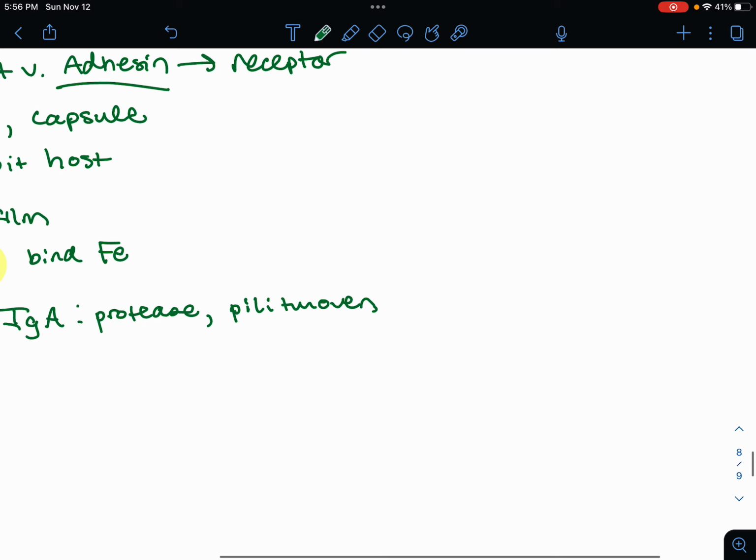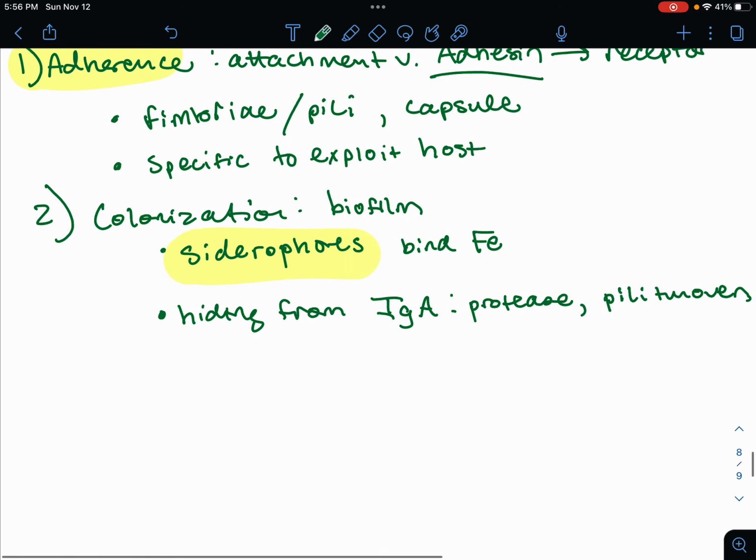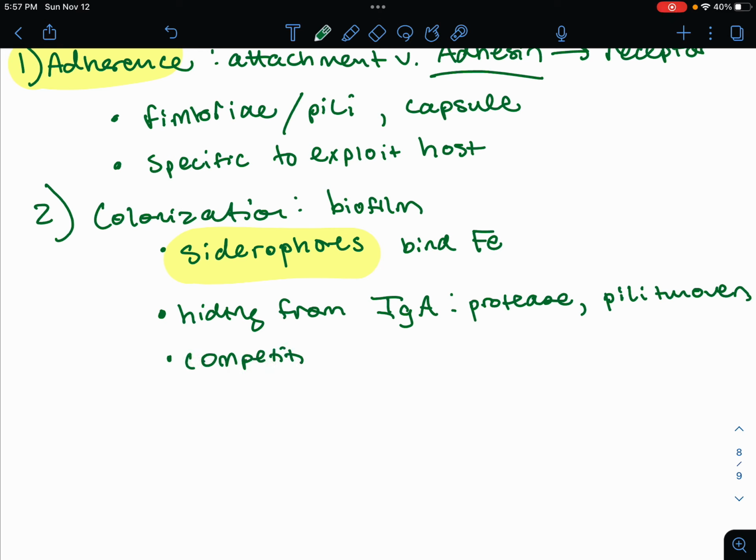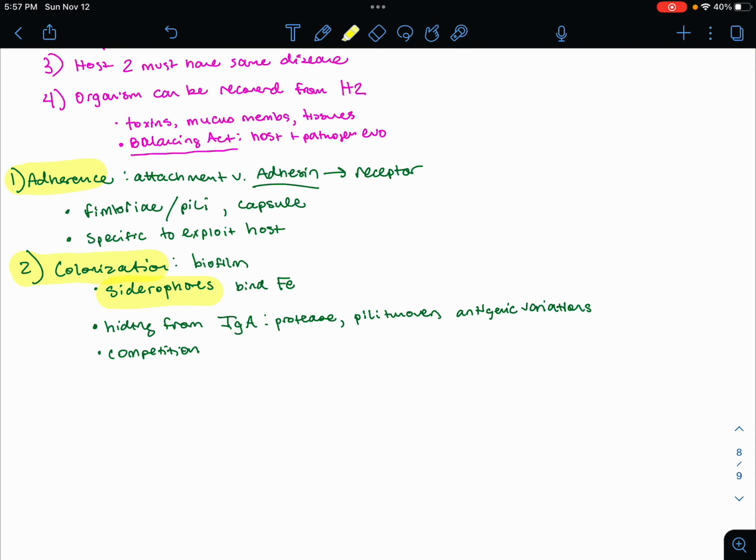And then there's also antigenic variation from all these mutations and different strains popping out. And again, we're going to have competition. And the microbes are going to be shooting these toxins at the normal microbiota, trying to compete with them.